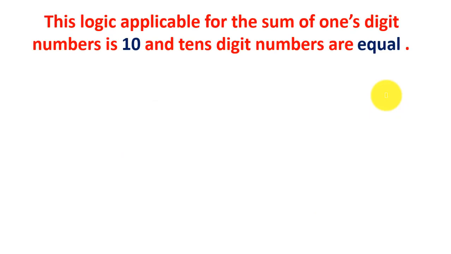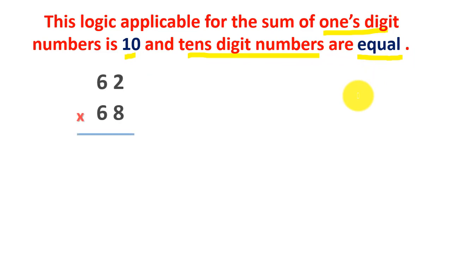Next one, this logic is applicable when the sum of the one's digit numbers is 10 and the tens digit numbers are equal. Example I taken here, 62 and 68. 2 plus 8 is 10 and the tens digit numbers, 6 and 6, are equal.